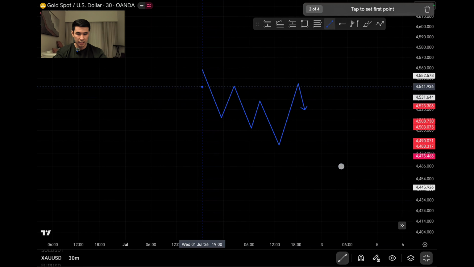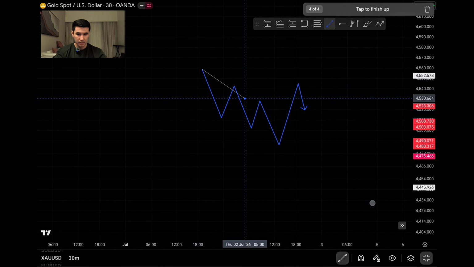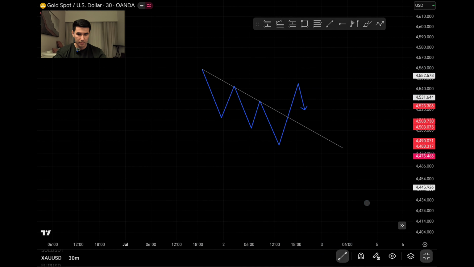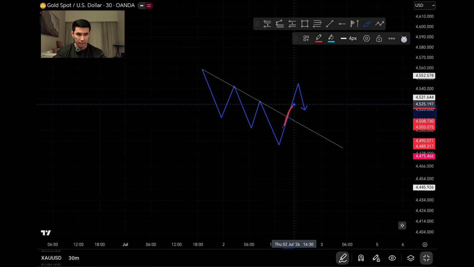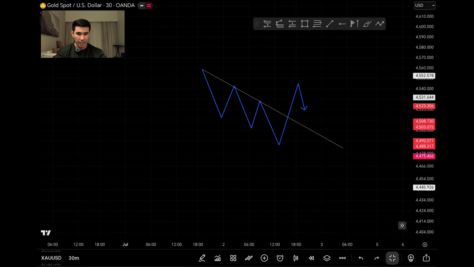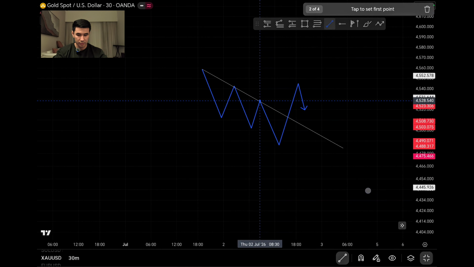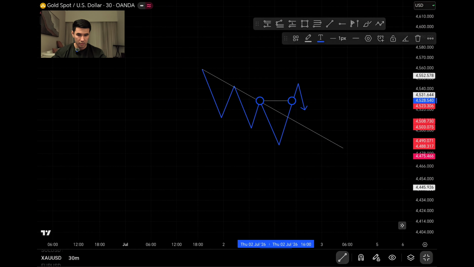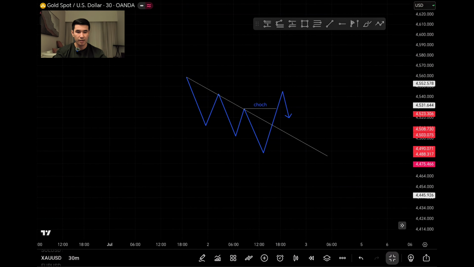For you to understand, here we have a trend line. Now here we break this trend line, and we make a change of character here. Change of character. Now from sell to buy.